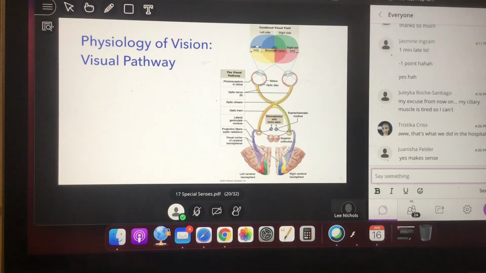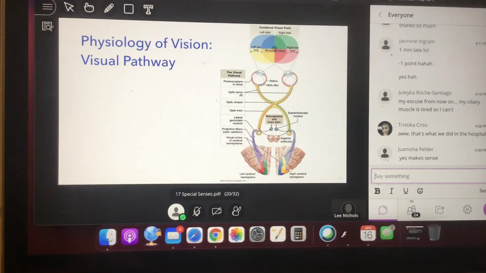Everything to your left peripheral view from the center is going to be processed by the right occipital lobe. Now the in-between of how it works you don't need to worry about, but that's the big takeaway point.